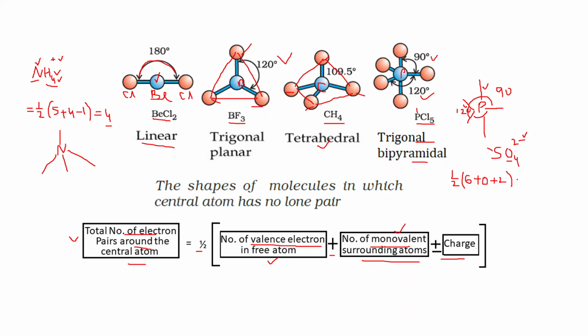If you solve it, this comes to 4. So the sulfate ion has a tetrahedral geometry. This is S, and these are O, O, O and O, and the total charge is 2 minus. In the same way, the ammonium ion: this is N, with H, H, H and H, and the total charge is 1 positive.